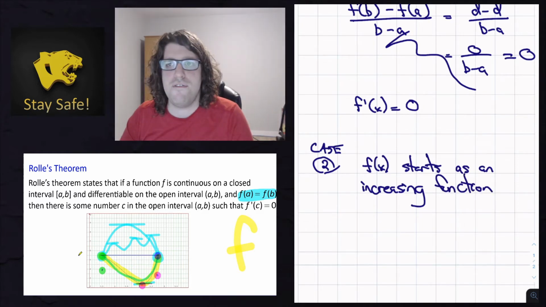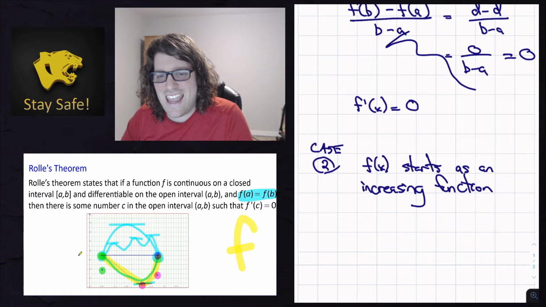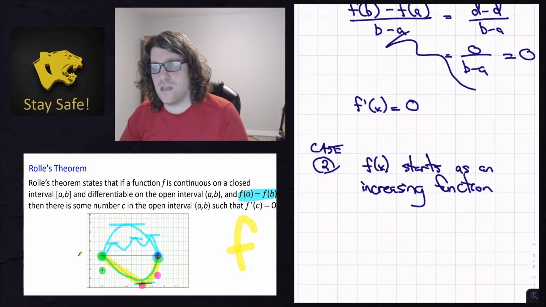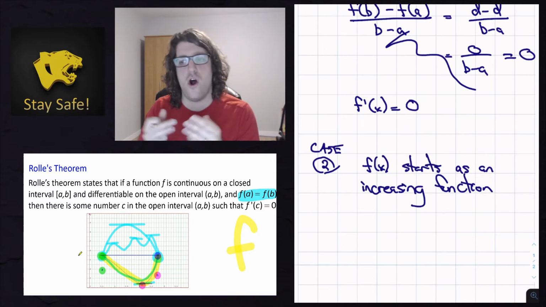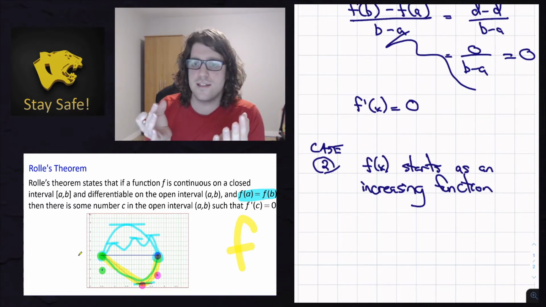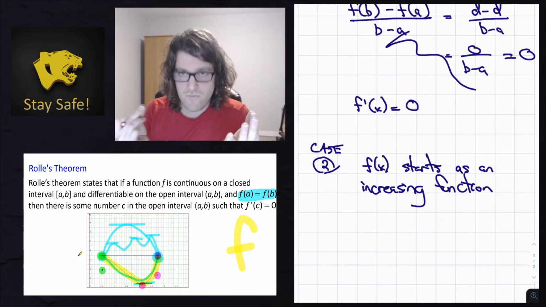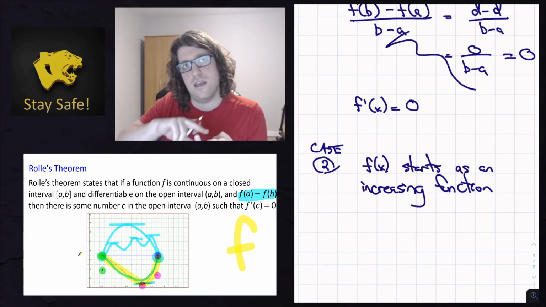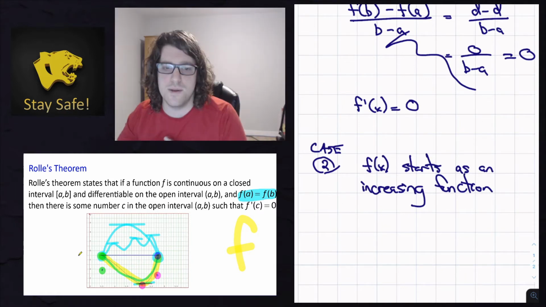Okay, so if f of x starts as an increasing function, and it ends up being that the increasing function that f of x is, that it starts at as, also has 2 endpoints that are at the same height, then because this thing is continuous, we can actually say that extreme value theorem from the last video can come into play.